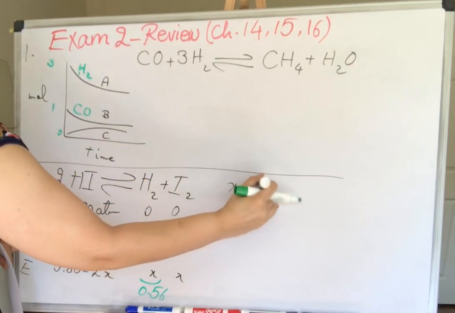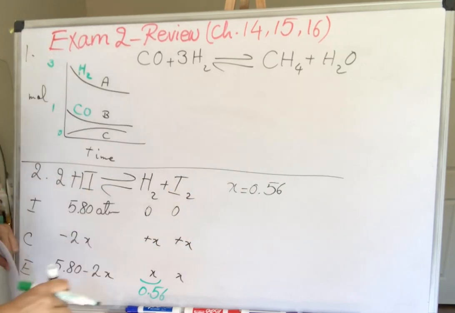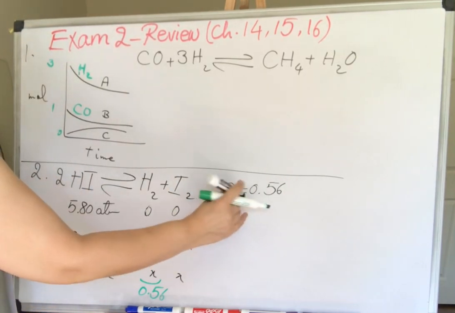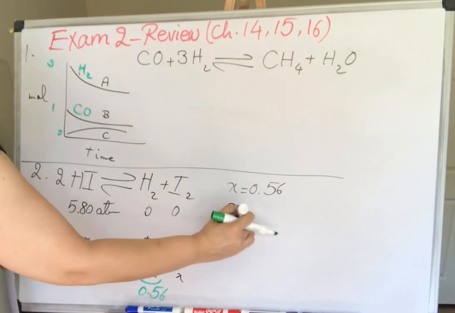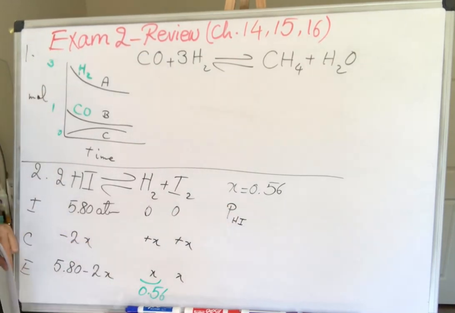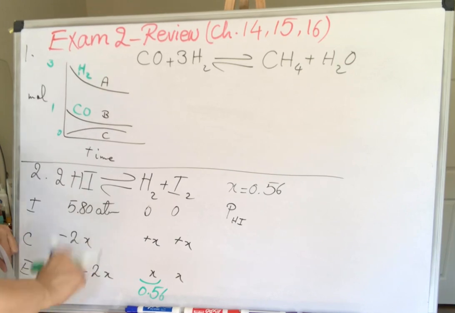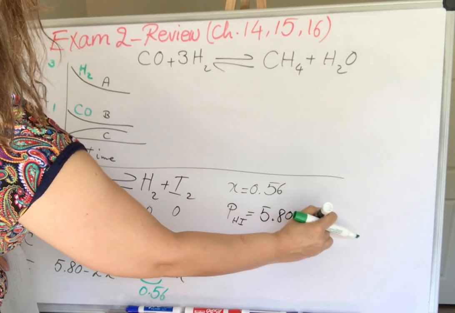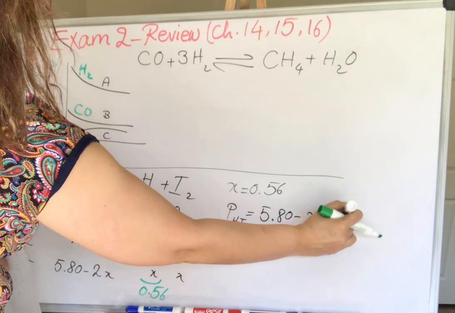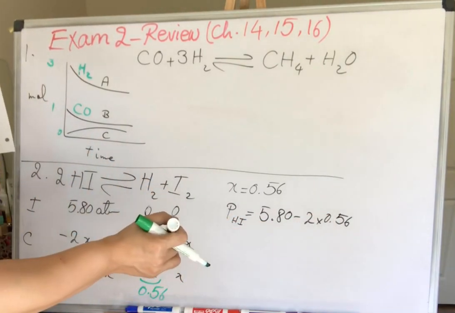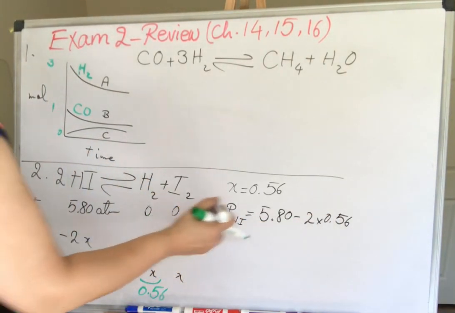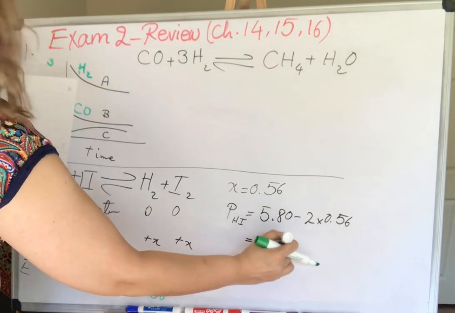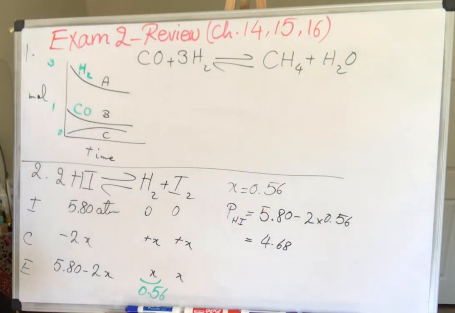So x is 0.56, and we're supposed to find the partial pressure of HI at equilibrium, which is 5.80 minus 2x, which is 2 times 0.56, which is going to be 4.68. That's how you choose C.